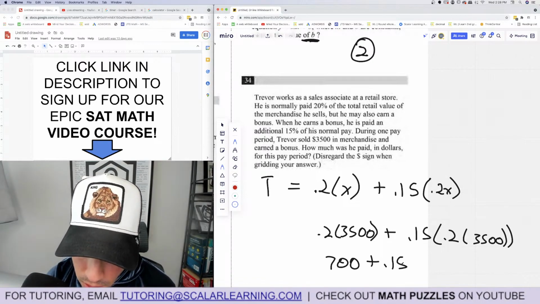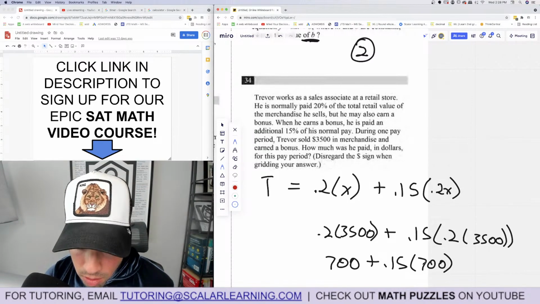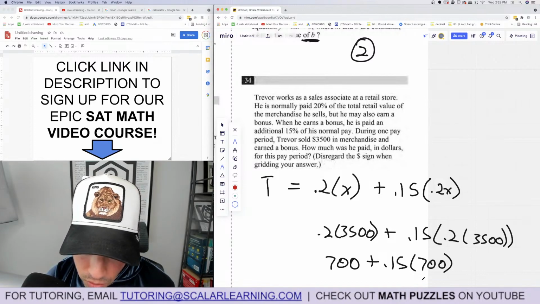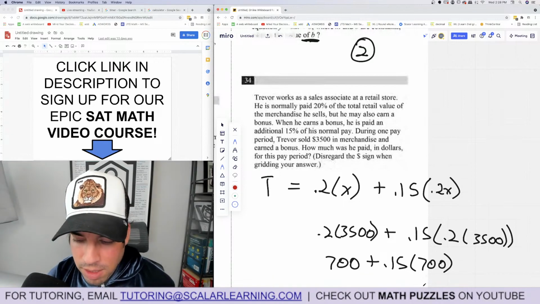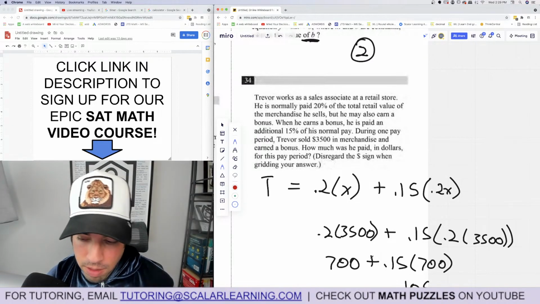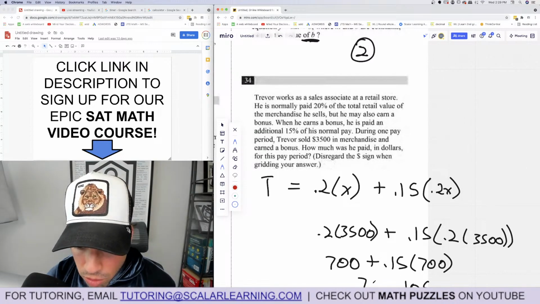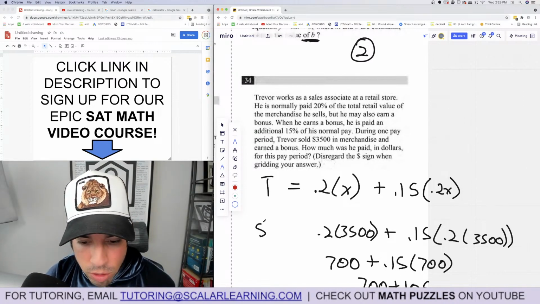Plus, I already know that this is 700. 70 plus 35 is 105. That's because it's basically 15 times 7, which is 105. Add the 2 zeros, 10,500, and then remove the 2 zeros because of the decimal. So 700 plus 105, which is 805.